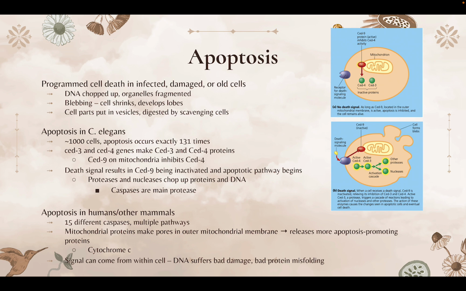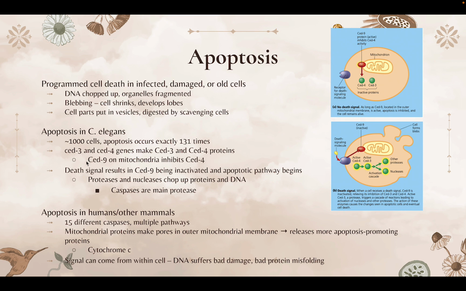And what's crazy is scientists figured out that apoptosis occurs exactly 131 times in a C. elegans that's developing normally. And we see the process of apoptosis is led by the CED3 and CED4 proteins, which come from the CED3 and CED4 genes.